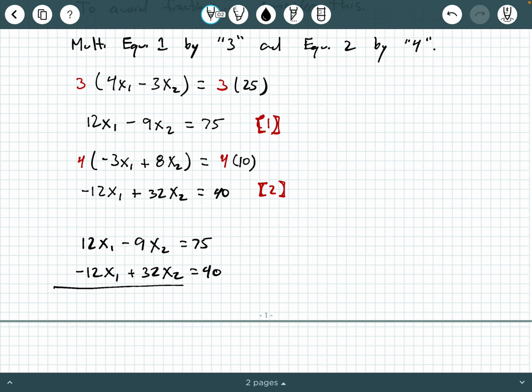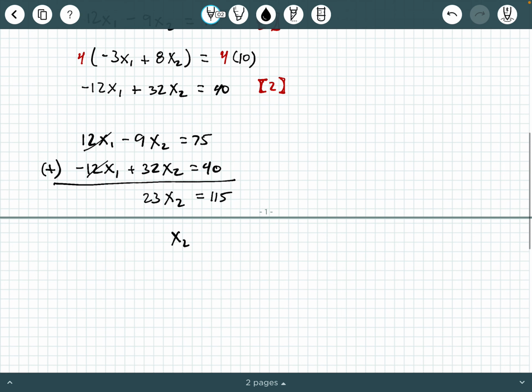And we're going to stack these on top of each other, and we're going to add them together. And look what conveniently cancels, the x1 term. It becomes eliminated, okay? And then you're left with 23x2 equals 115. And you can solve for x2 and get a value of 5, and that's part of your answer.